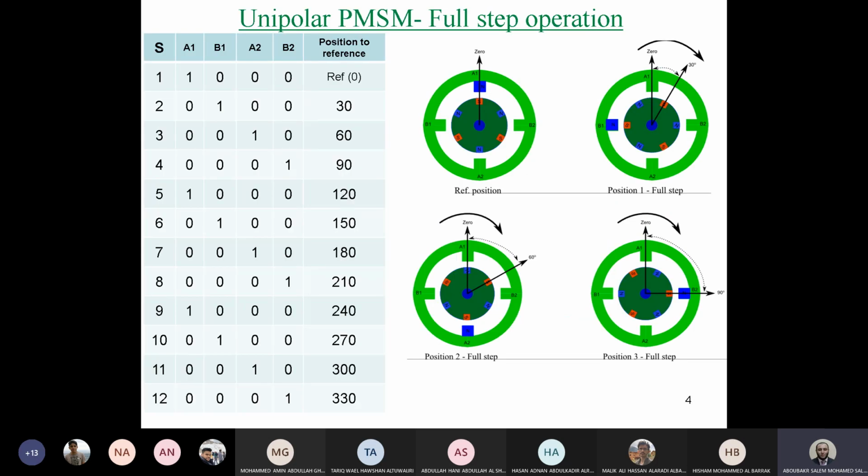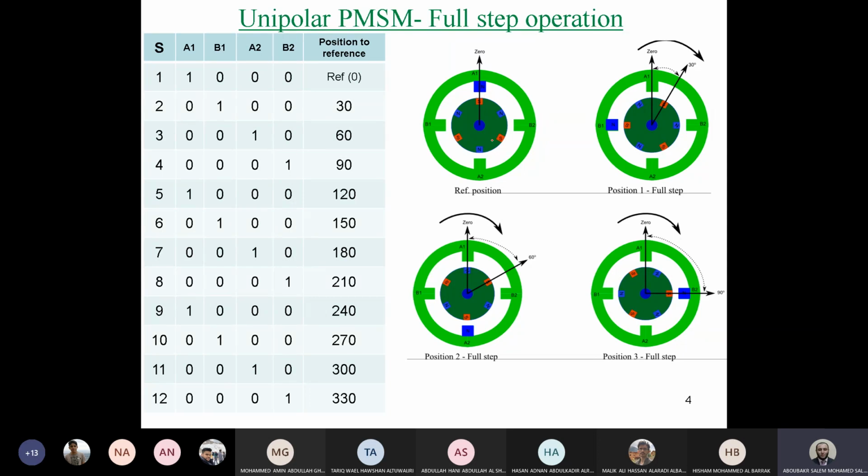Here, this is the structure of our unipolar stepper motor. So we have 1A or A1 and A2, which means one half of the coil will be wound on this tooth, and the other half of coil number 1 will be wound on the other tooth. So if you energize the one half of A1, it will make this polarity N. Of course, if it is N, it will interact with the very closest S pole.